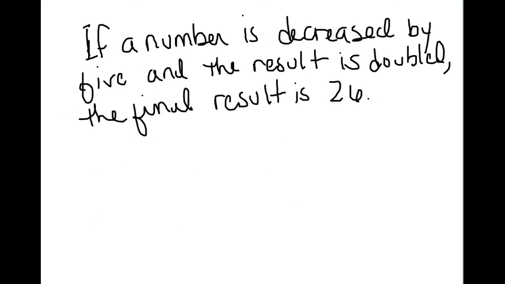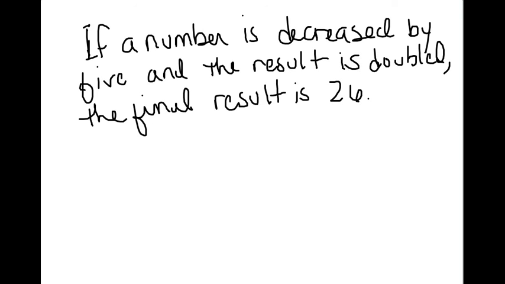Alright, so here's one that I want you to try yourself. And it's a little tricky, so pay attention. So if a number is decreased by 5 and the result is doubled, the final result is 26. So I'm doubling what I get when a number is decreased by 5.